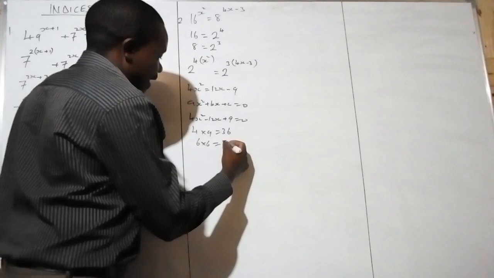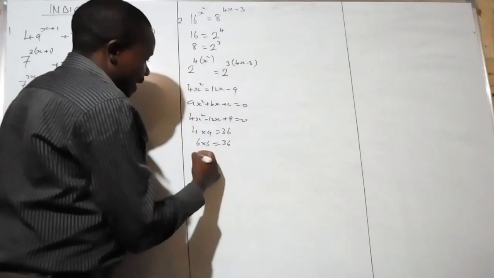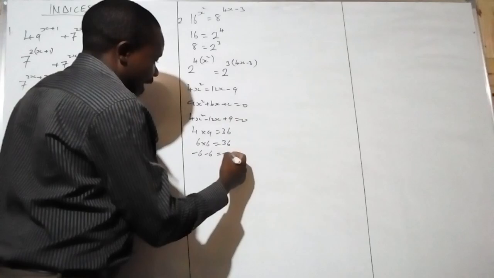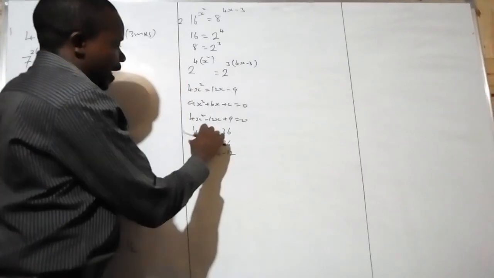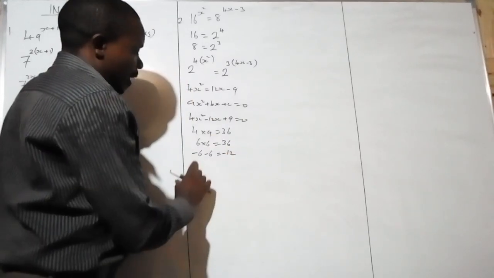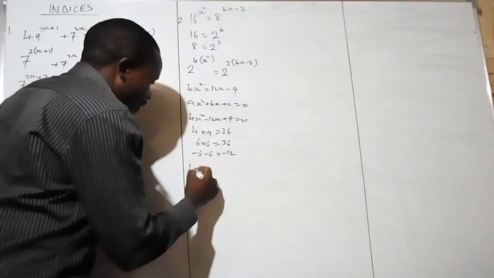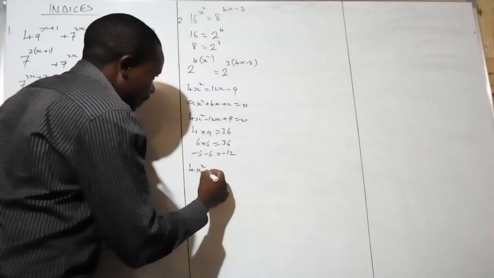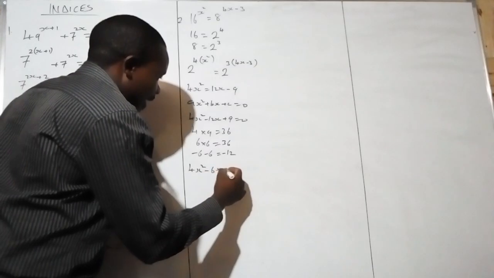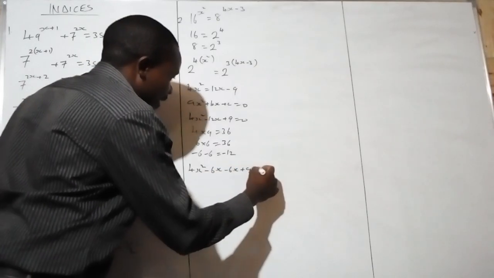But negative 6 minus 6 is negative 12. Where we have negative 12x, we are going to replace with negative 6x, negative 6x. 4x squared minus 6x minus 6x plus 9 is equals to 0.